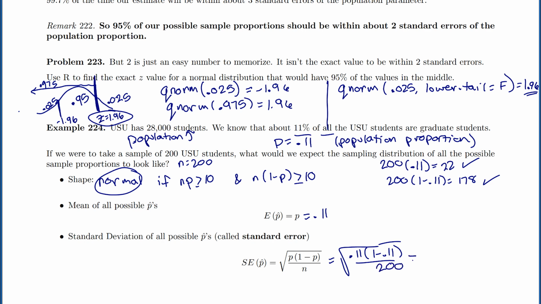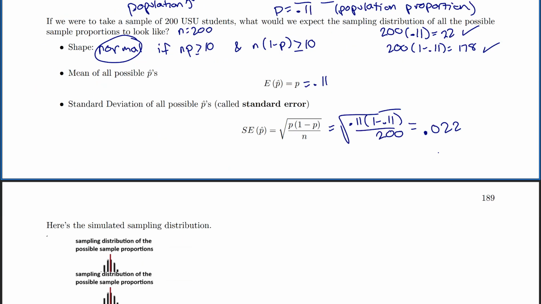And then I take the square root of all of that. So that gives me 0.022. So that's what I'm predicting for my mean and standard deviation for all those possible sample proportions, and the shape.